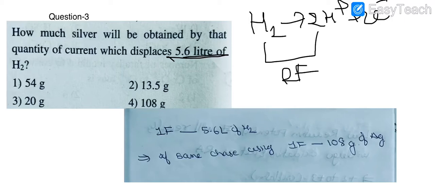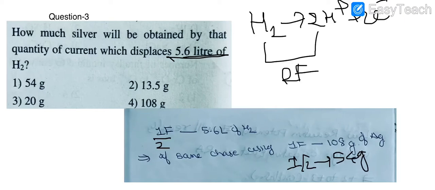We have 5.6 liters. 5.6 liters means 1 by 4 mole. 1 by 4 mole means 1 by 2 Faraday will be required. 1 Faraday means 108 grams of silver. 1 by 2 Faraday means how much will you get? You will get 54 grams.